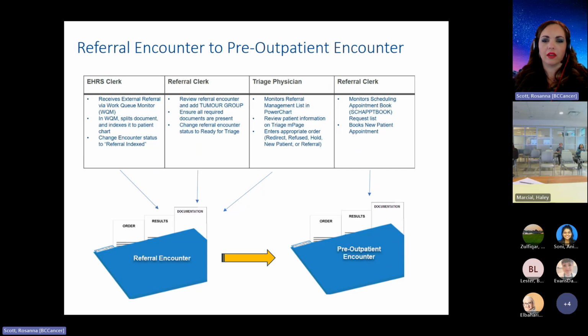And this will be when the clerk will change the referral encounter to the pre-outpatient encounter. Okay, so again, letting us know that the patient has an appointment booked for an outpatient consult and has not yet arrived. So all of the documents can be viewed.